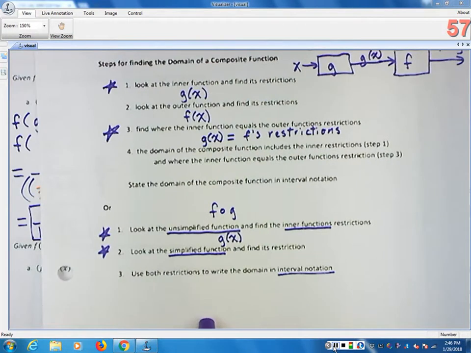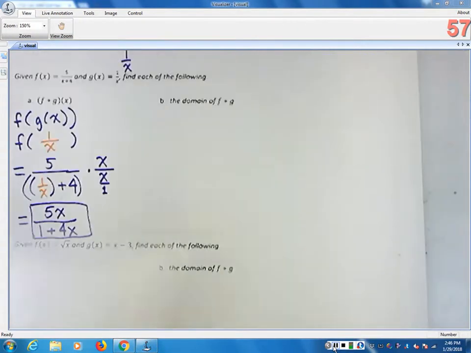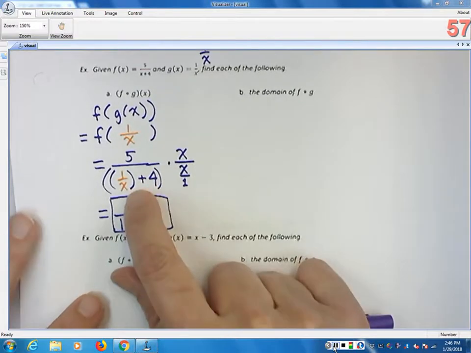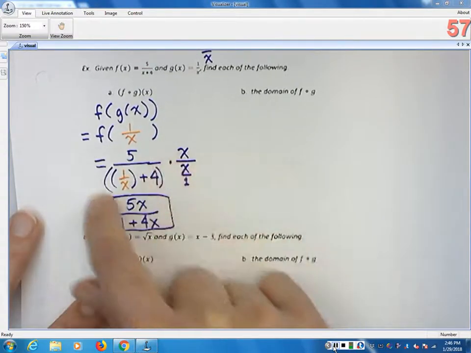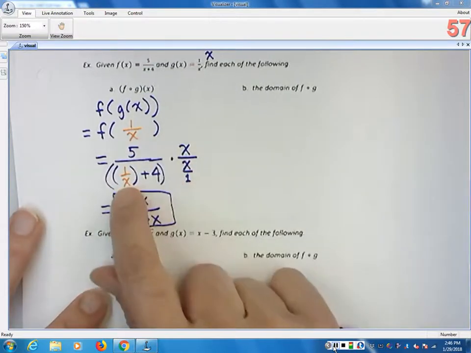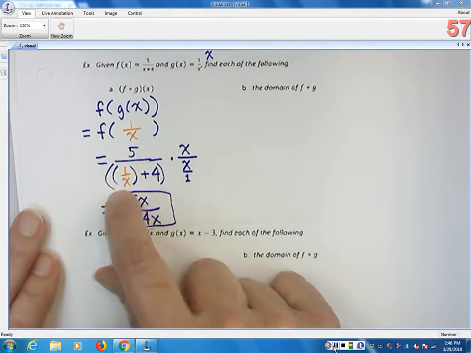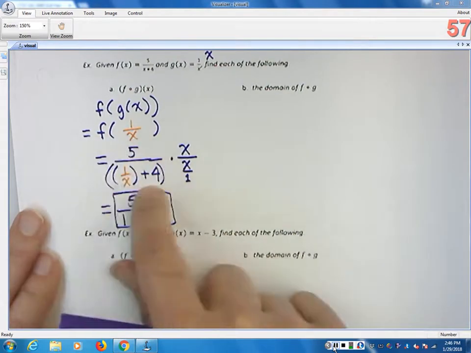So look back at our function. Before we simplified it, it's in this form. There's the inner function, 1 over x. What do we have to make sure x cannot equal? We can't divide by 0. If x is 0, you're going to be dividing by 0. And this is the unsimplified function.